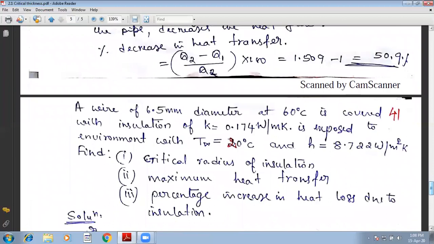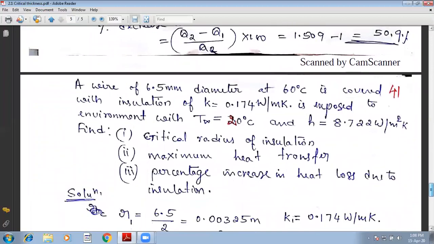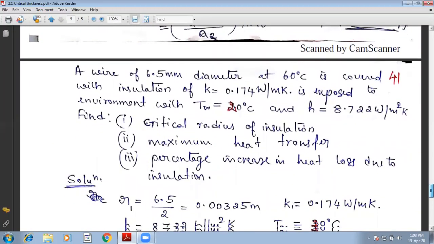A wire of 6.5 mm diameter at 60 degrees Celsius is covered with insulation of some material whose thermal conductivity is 0.174 watt per meter Kelvin.